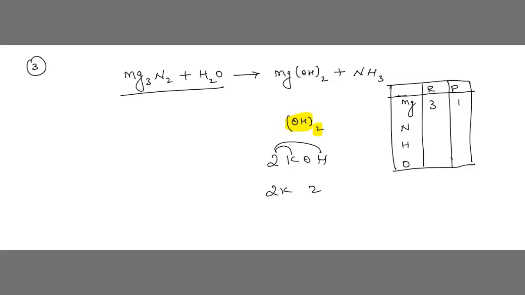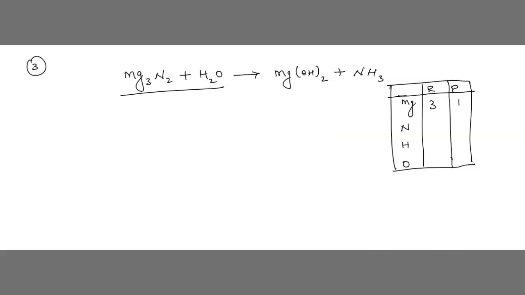Now it becomes 2K and 2OH. Understood, children? Now this 2 will multiply for K and 2 will multiply for OH. If you write it in the suffix, below, like N2, this 2 is only for N, not for any other numbers which are there or here or here. Understood? So be careful.